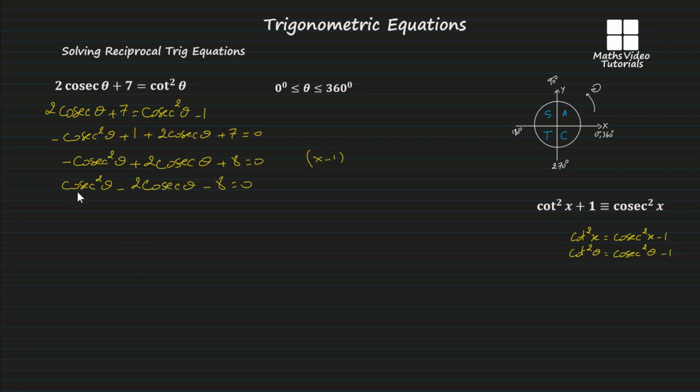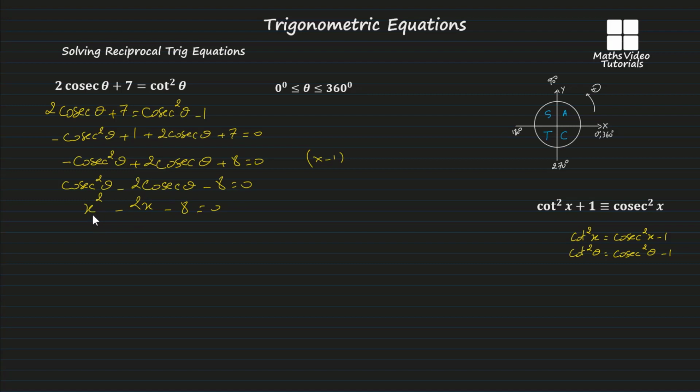Now if I was to replace the cosec theta by x, so cosec squared theta will become x squared. 2 cosec theta will become 2x, and 8 stays the same, equals 0. So just to give you an idea, this cosec equation can be factorized in the same way as you would factorize any quadratic expression.